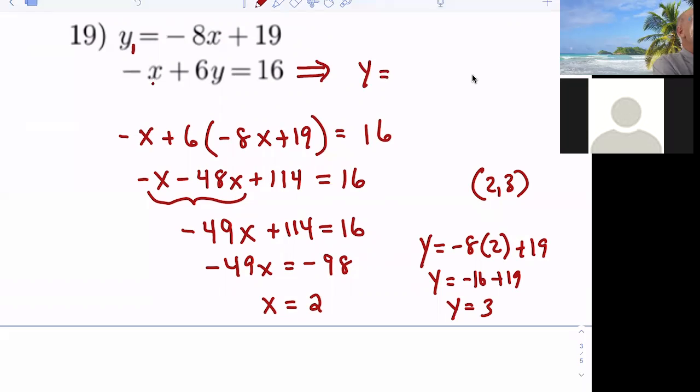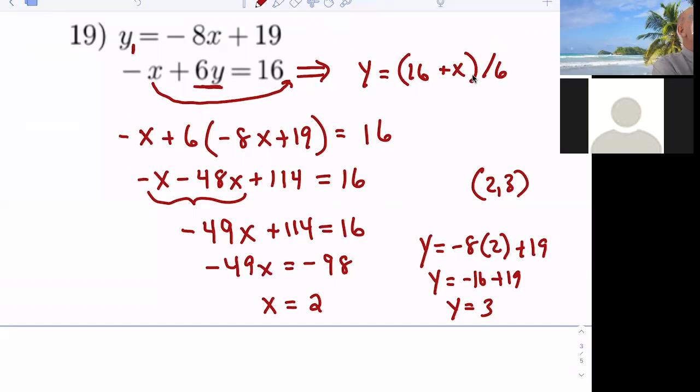So I have to do what? Add x. So that's going to be 16 plus x. And then what do I have to do with times 6? I have to divide this quantity by 6.